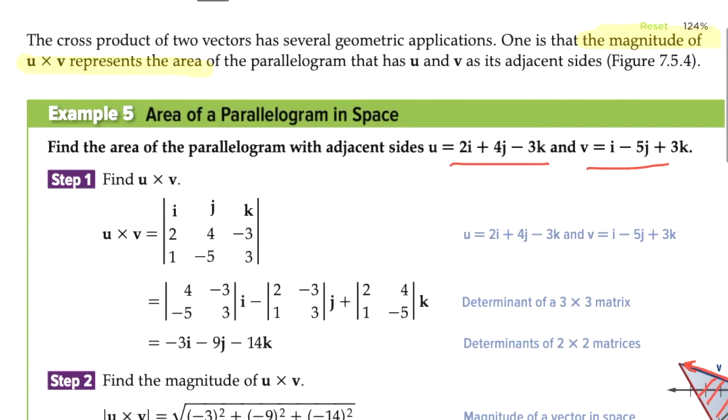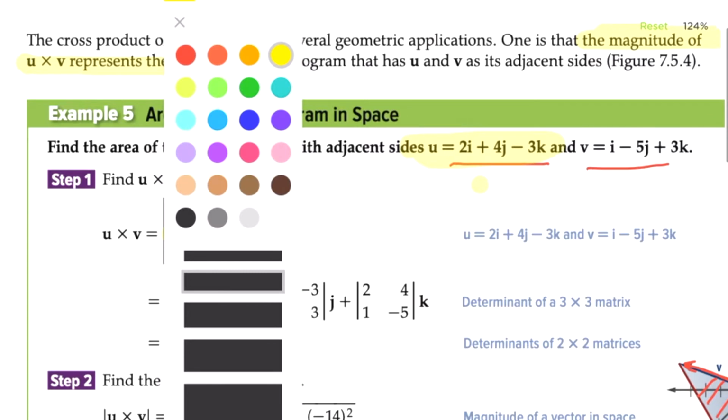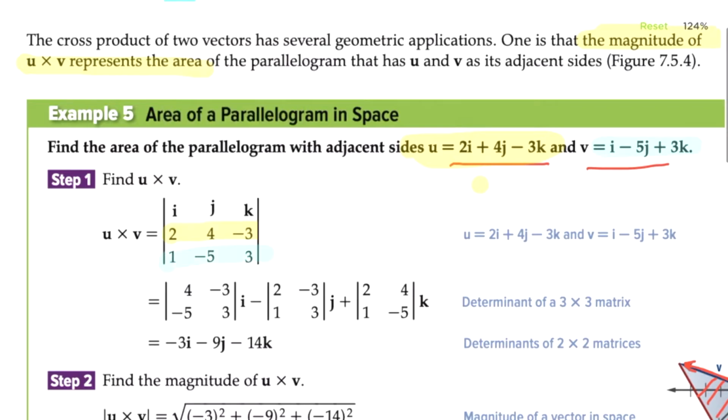Then put the components 2, 4, and negative 3. These are the components of the first vector, put them here. And then you put the components of the second vector, which are 1, negative 5, and 3. You put them next. And then you calculate this determinant.